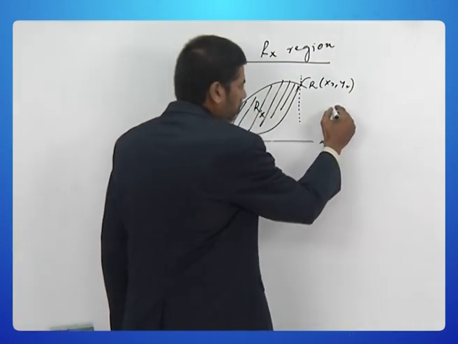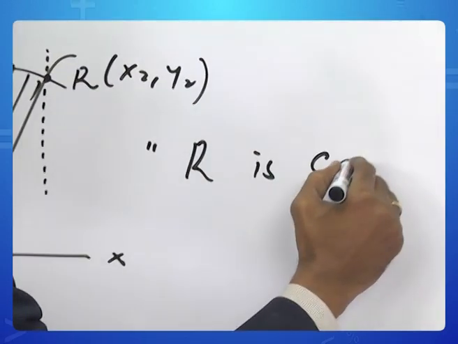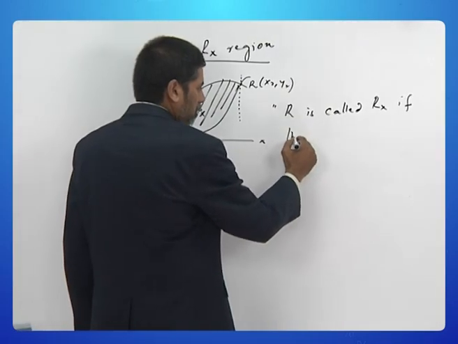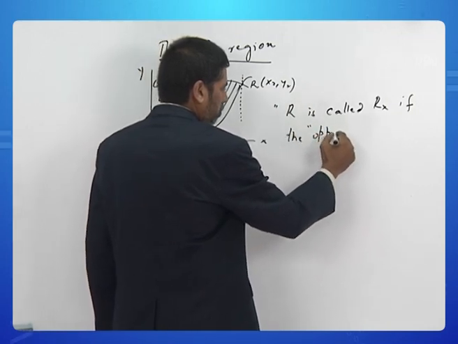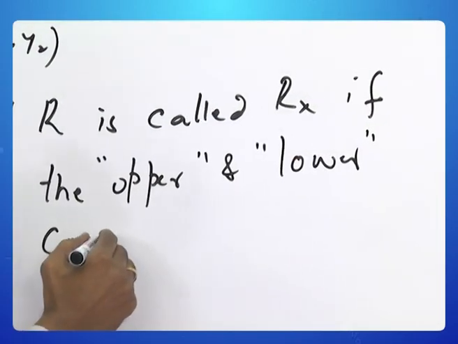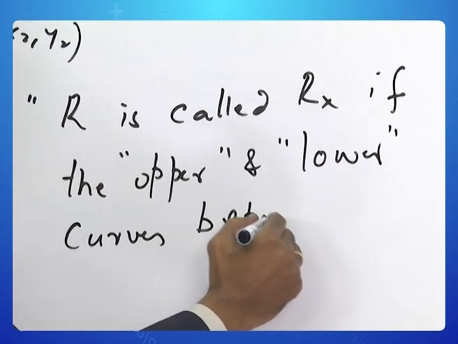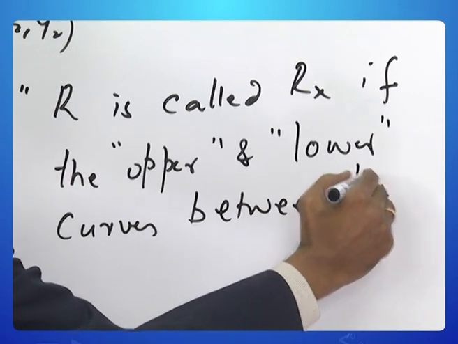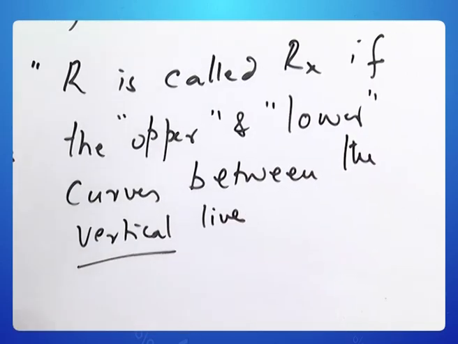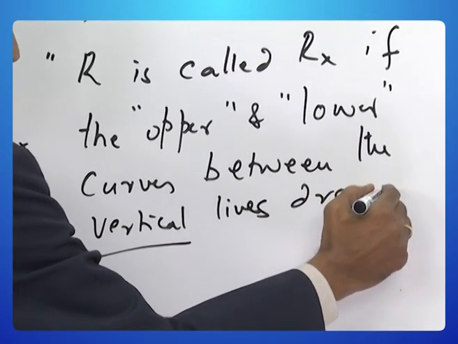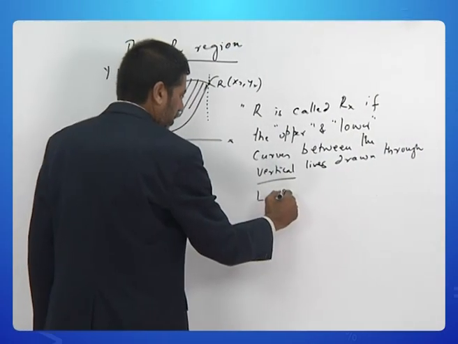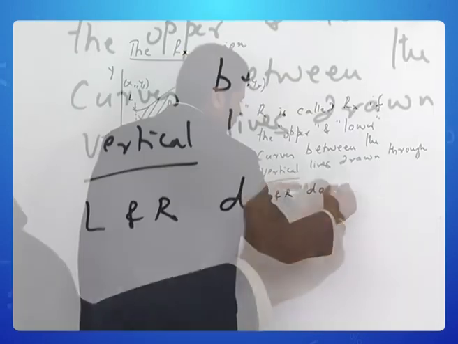So to put it in words, R is called Rx if the upper and lower curves between the vertical lines, that is very important, drawn through L and R do not intersect.